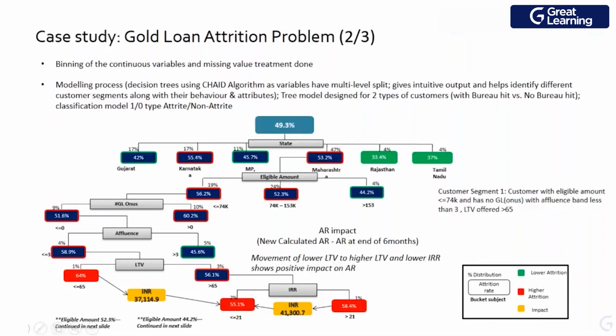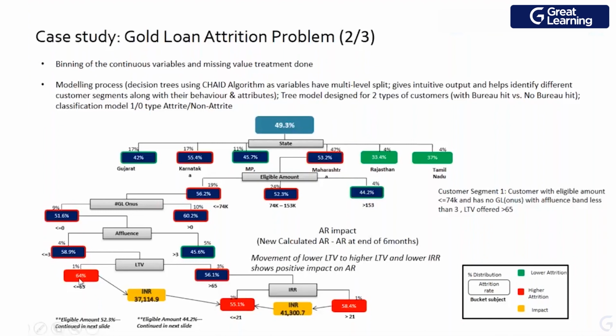And for that same customer segment, where you're giving greater than 65, if you change the IRR from greater than 21 to less than 21, you are further reducing your attrition to 55%. So from 64, the attrition reduces to 55, which is 11% reduction.